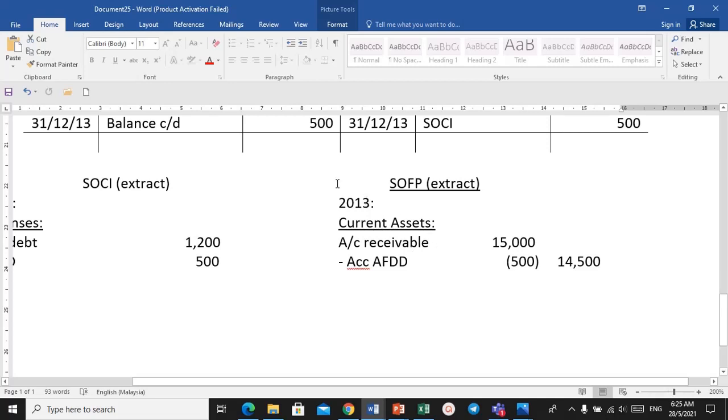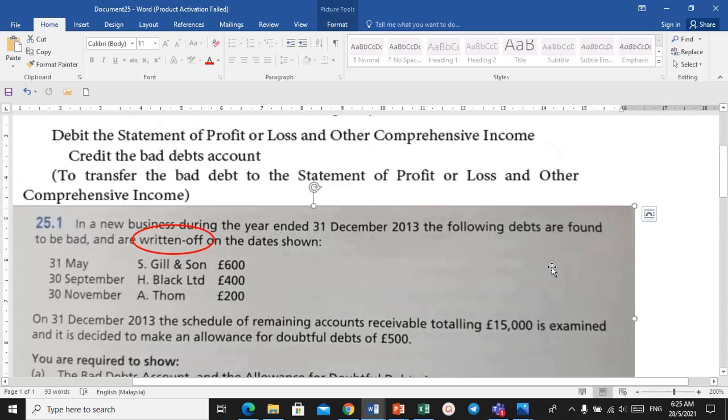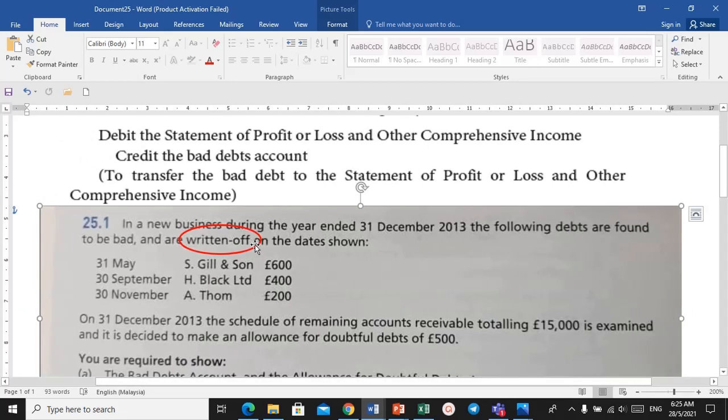Okay, so it is very important for you to really understand the question, and it is also very important for you to look at this sentence. If you are doing an exercise under this topic, accounts receivable, you must make sure whether there are the words written off or not in the sentence.